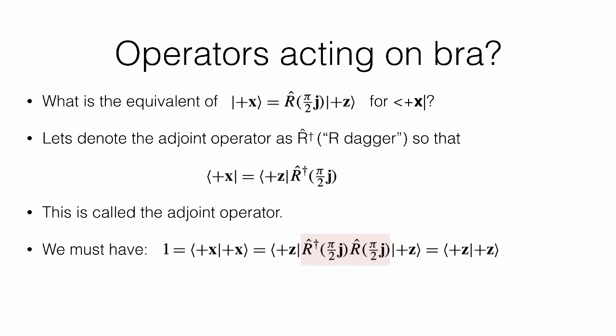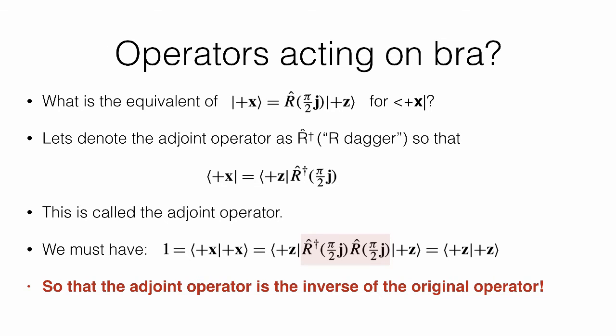So that red box should be the identity operator. In other words, the operator that operates on a bra vector, corresponding to the operator that operates on the ket vector, should be the inverse of it. Right? That's what it means. R dagger R should be equal to 1.